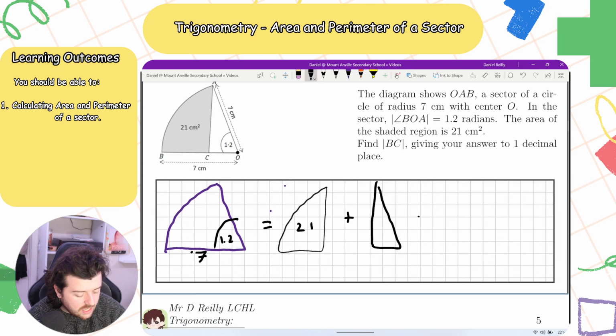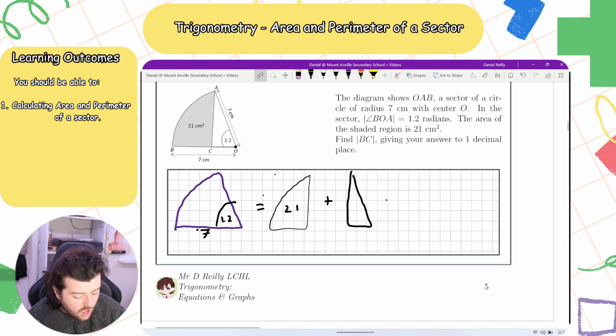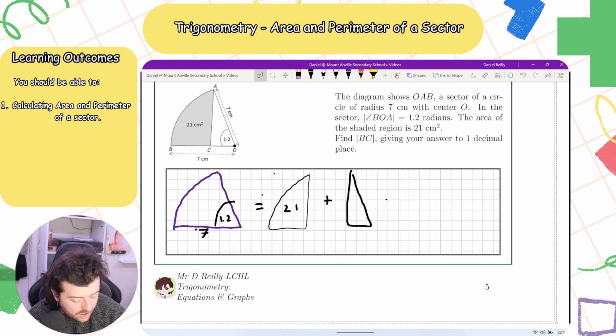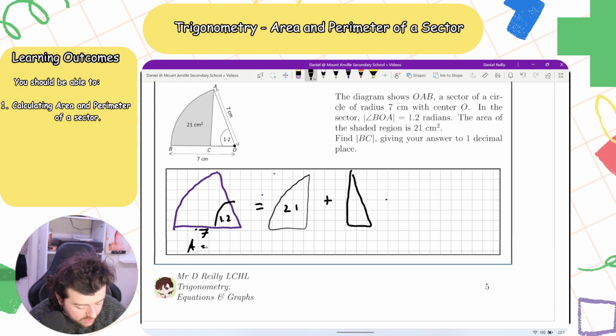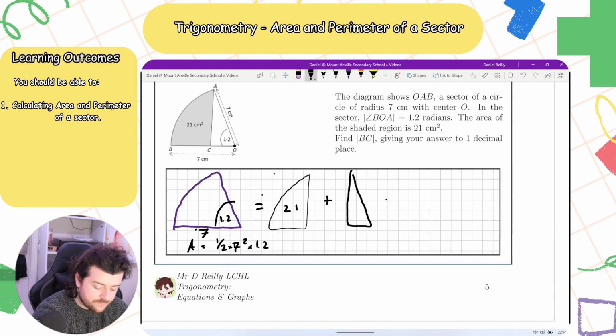So using this information, I could find the area of this big sector. Area equals a half r squared times the angle in radians. So 0.5 times 49 times 1.2.